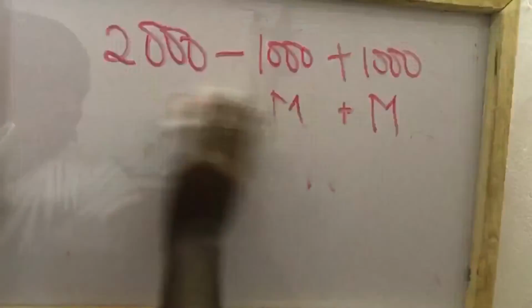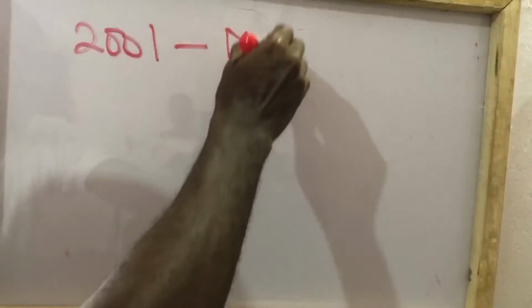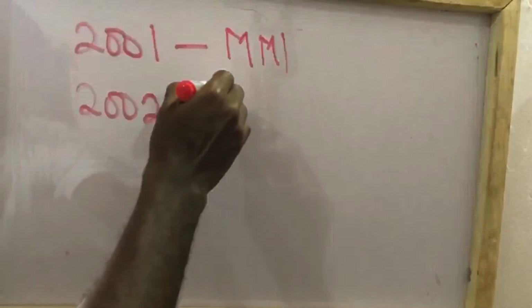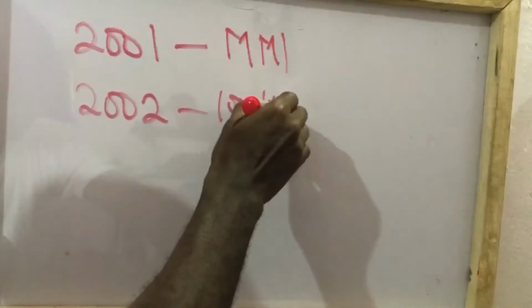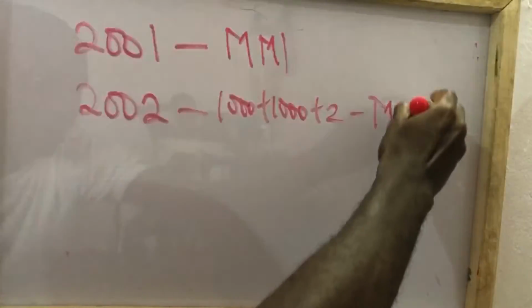The next one is to look at 2001. 2001 will be MMI. 2002 will be, that means 1000 plus 1000 plus 2, which is MMII.